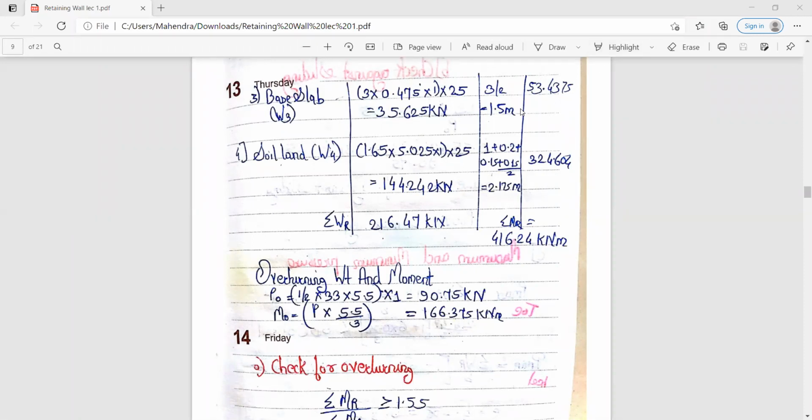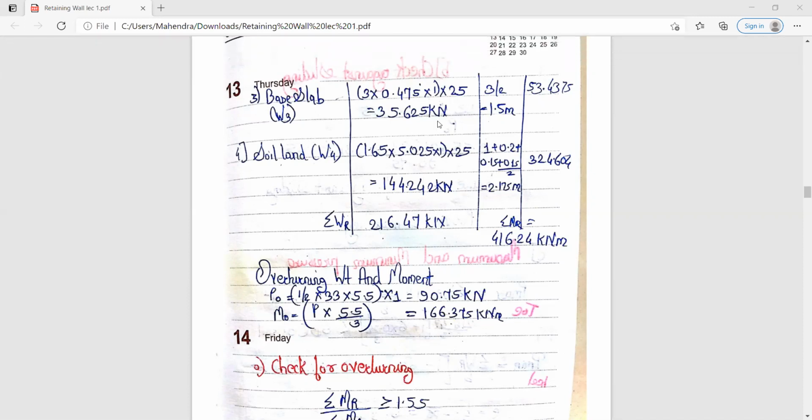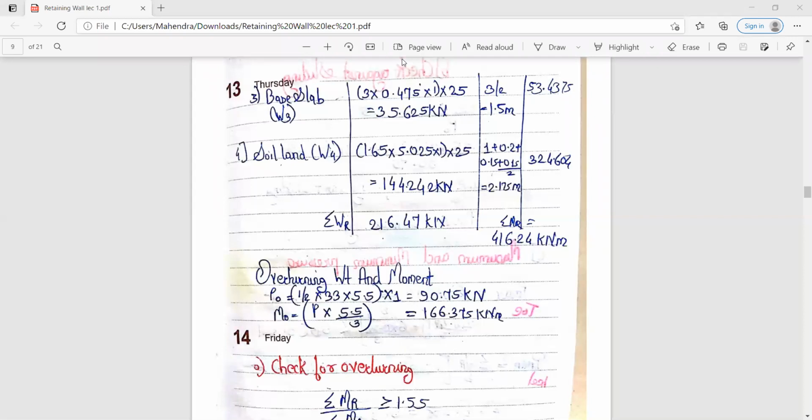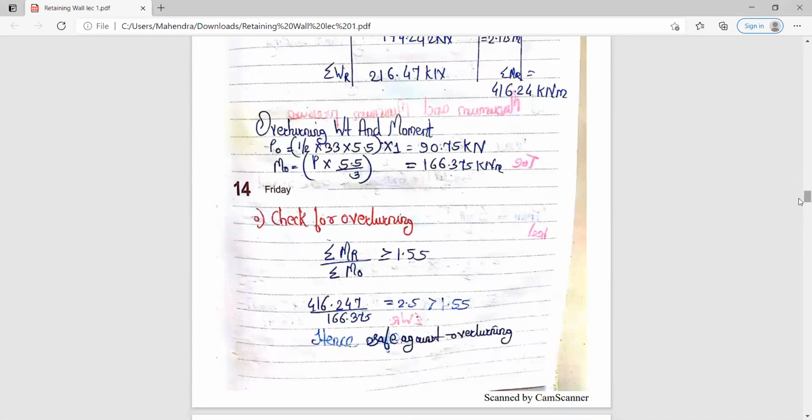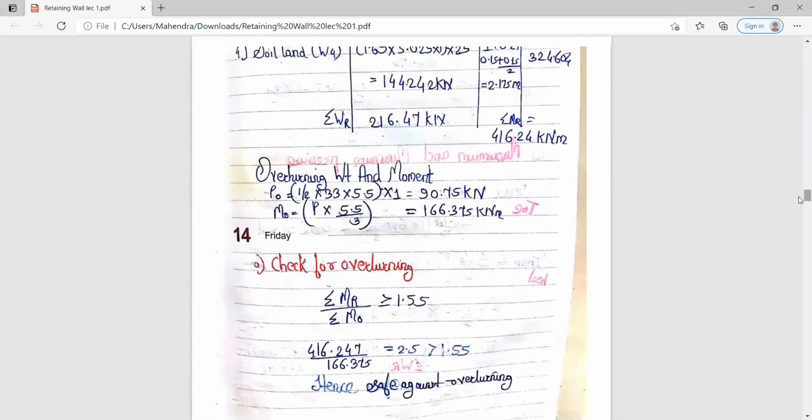Okay, summation of all the weights. Okay, then you need to calculate the overturning weight and the moment. So for calculating the overturning weight and the moment, you need to calculate the pressure P0.